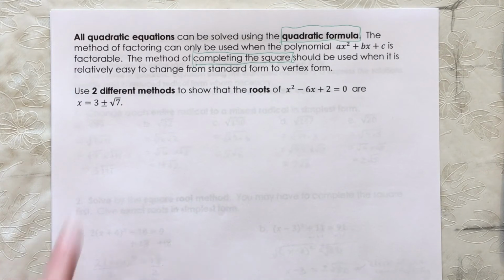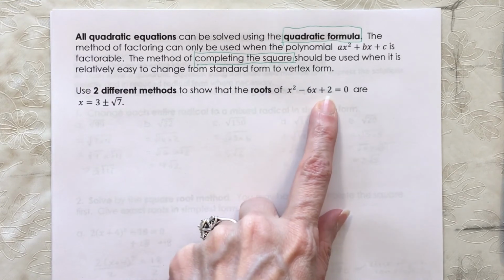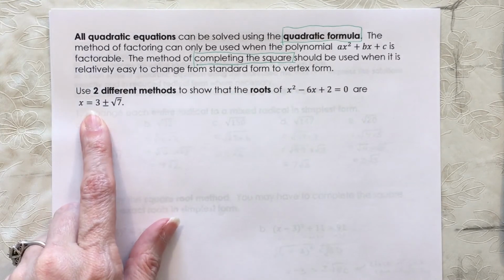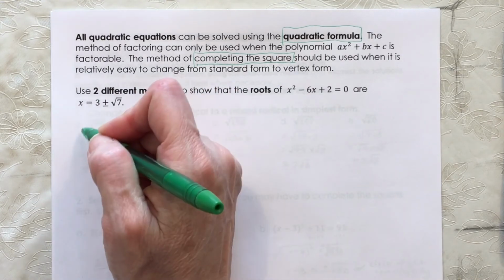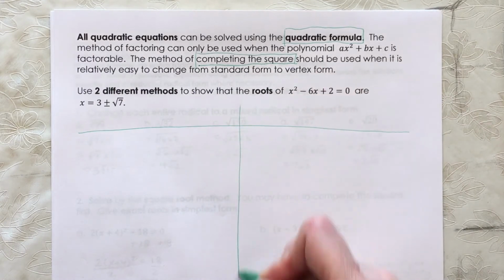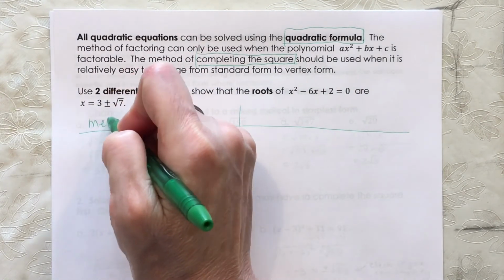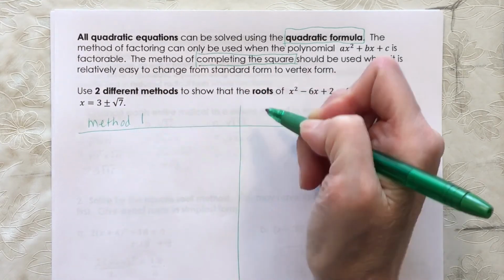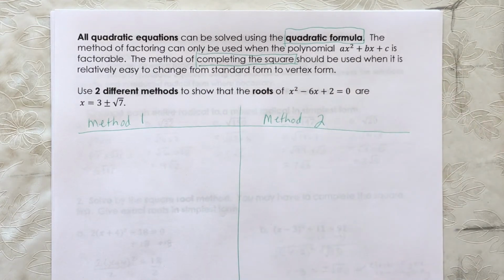So those are the 2 methods we're going to do then to show that the roots of x squared minus 6x plus 2 equals 0 are in fact x equals 3 plus or minus root 7. So let's kind of divide our page up to show our 2 methods here. So method 1 and method 2.